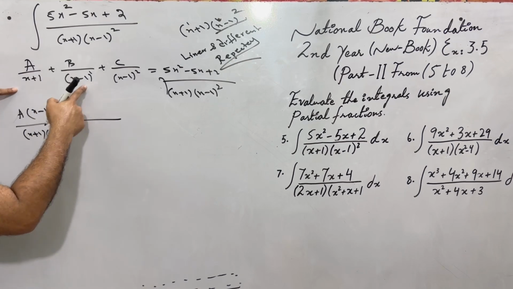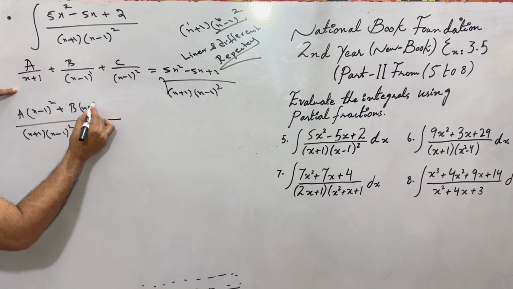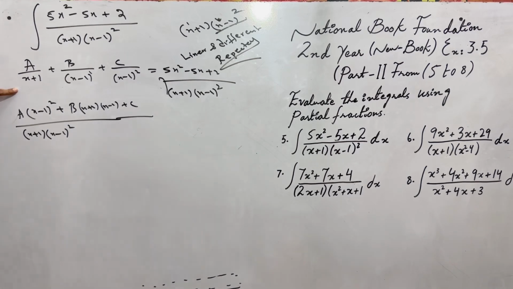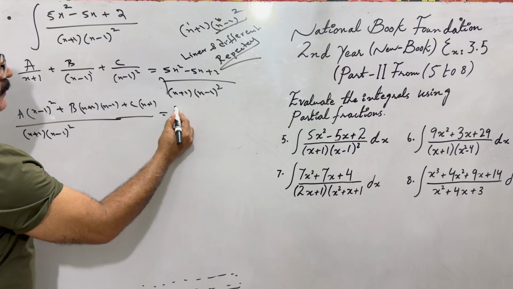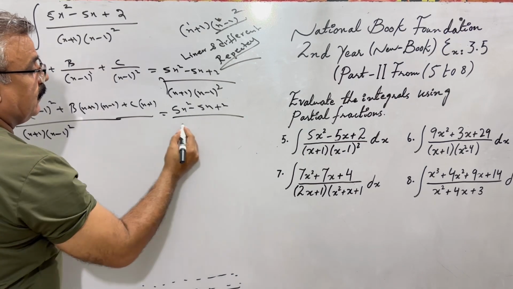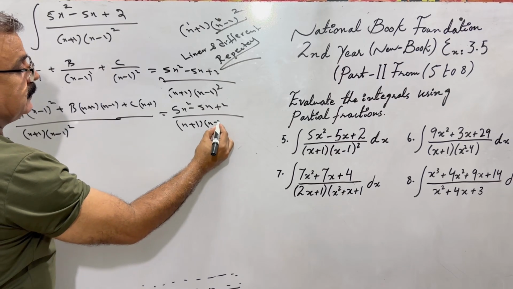Plus B: whatever is the denominator of B, that is x minus 1, we have to take x plus 1 and x minus 1. Plus C, whose denominator is (x − 1)², taking this, C times (x + 1), is equal to (5x² − 5x + 2) over (x + 1)(x − 1)².